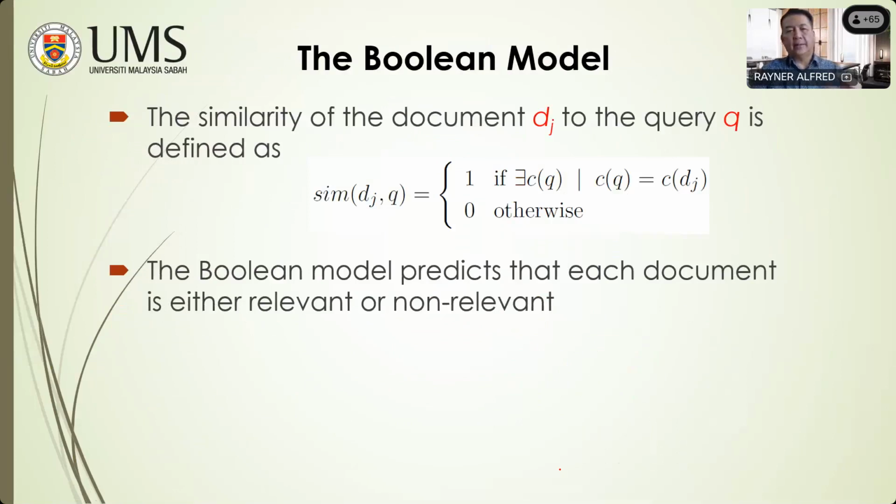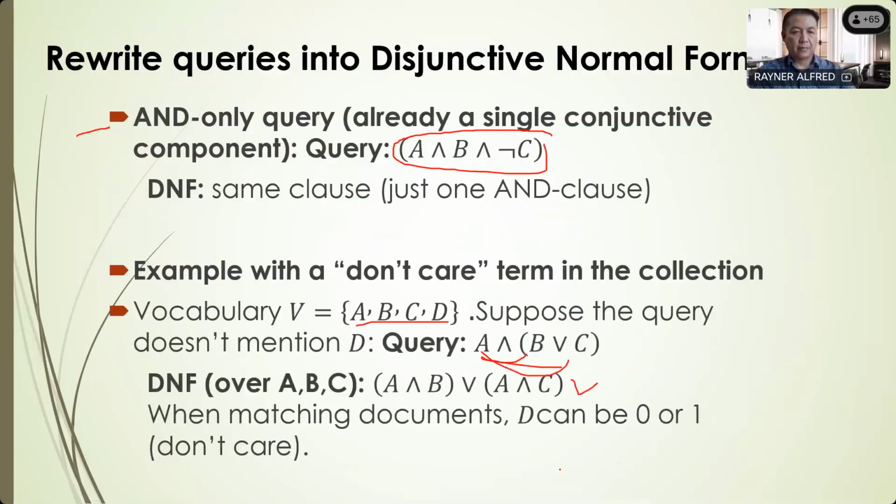Okay. Any question? Okay. What is the purpose of converting conjunctive normal form into disjunctive normal form? Do you have any idea?